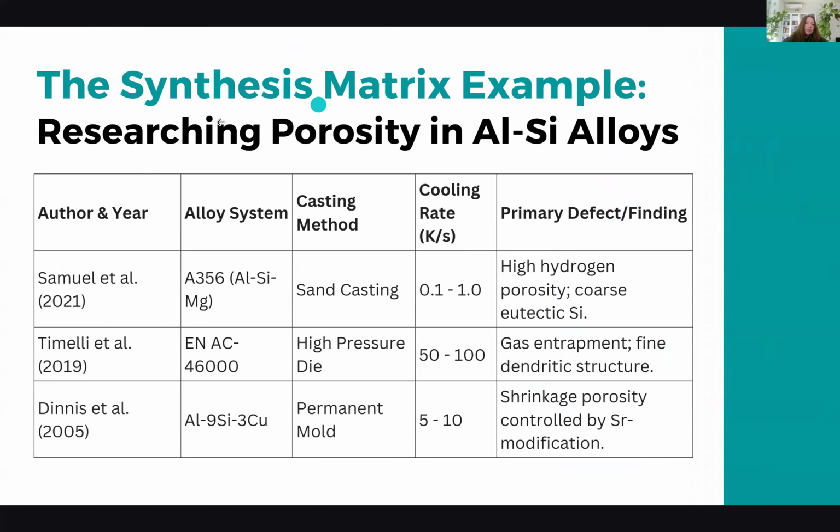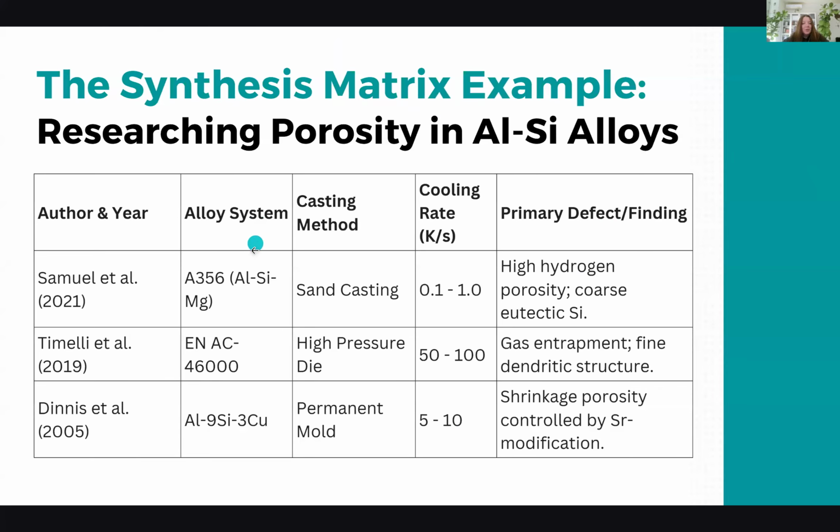So here is a synthesis matrix for research on porosity in aluminum silicon alloys. So here are authors and years of their publications. As you can see, some are pretty recent and others are quite old.